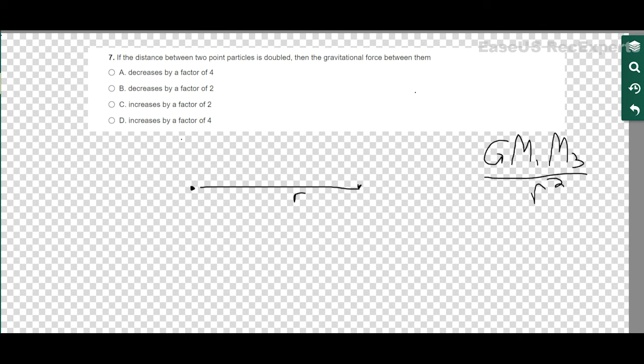So over here, our r squared is what's doubling, or r is what's doubling.